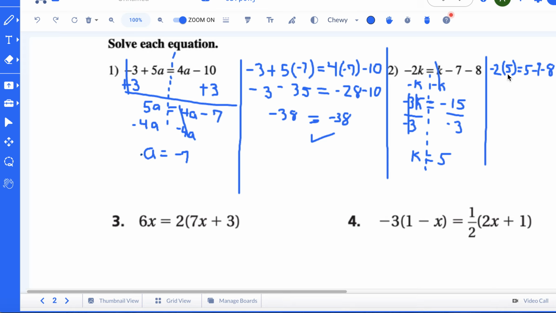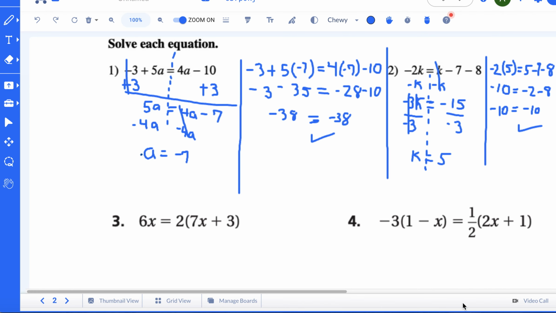Let's work on the left hand side. Negative 2 times 5 is negative 10. And now I'm going to go on the right hand side. 5 minus 7 is negative 2, and negative 2 minus 8 is negative 10. So I have a true statement: negative 10 equals negative 10, so that means my answer is correct.